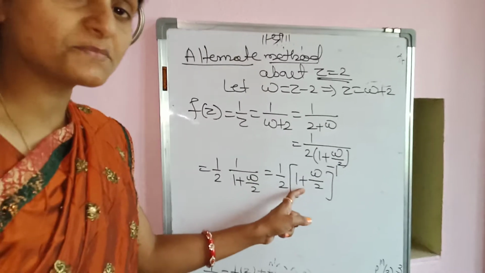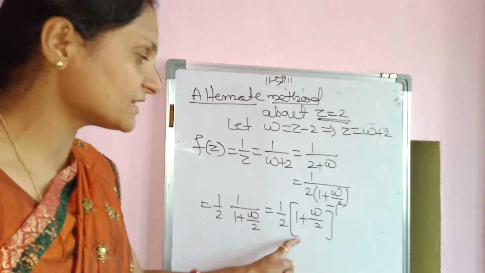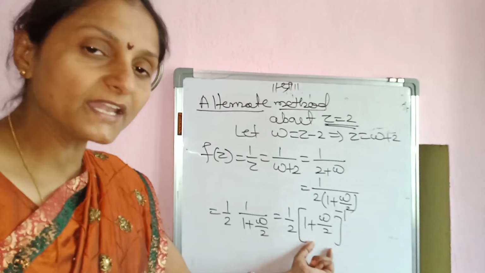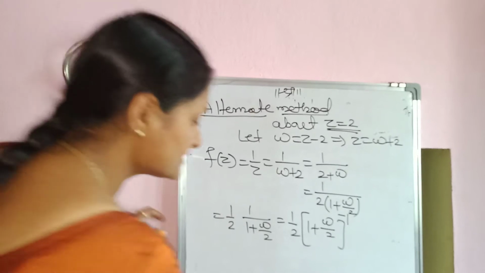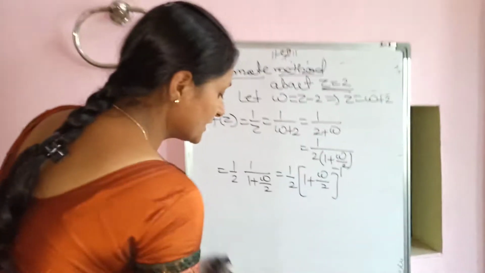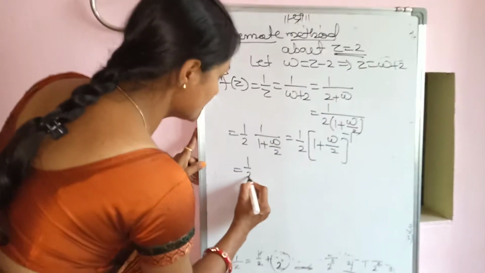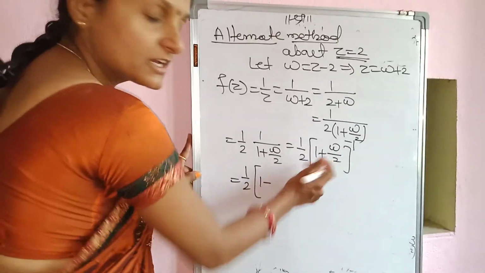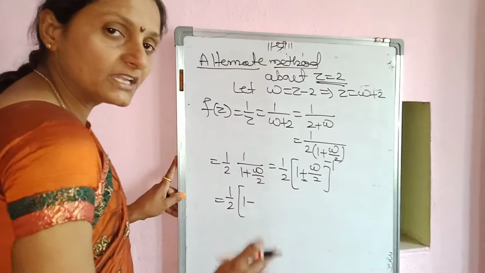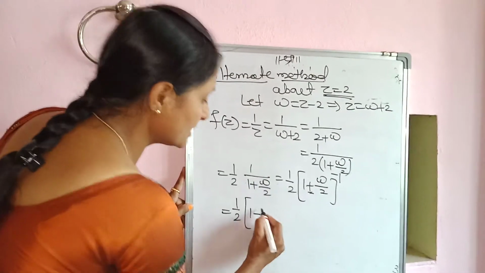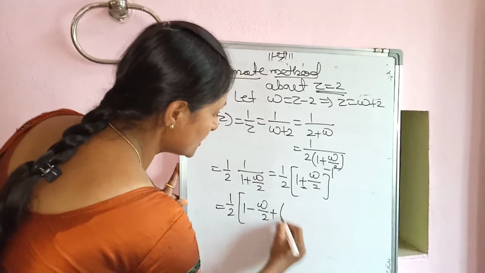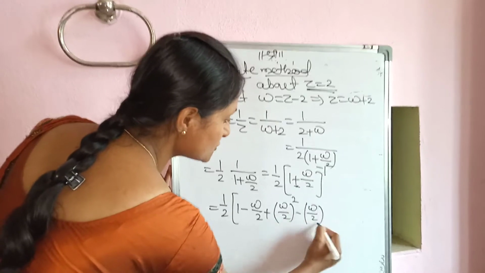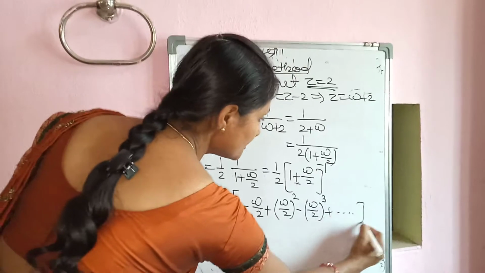Observe the series expansion. Already within the previous video, I have told you the Maclaurin series expansion. Use that expansion and expand this term. So now I am writing the expansion, which is 1 by 2 times 1 minus, as this is the plus value here, you will be getting the alternate series, 1 minus omega by 2 plus omega by 2 whole square minus omega by 2 whole cube plus so on up to infinity.